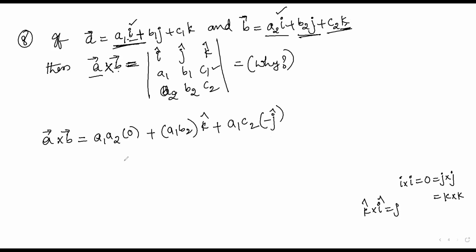So next, we'll do the next one. B1 we should multiply with this B vector. B1 J into what? Tell me now. B1 A2 into J cross I. J cross I is how much?